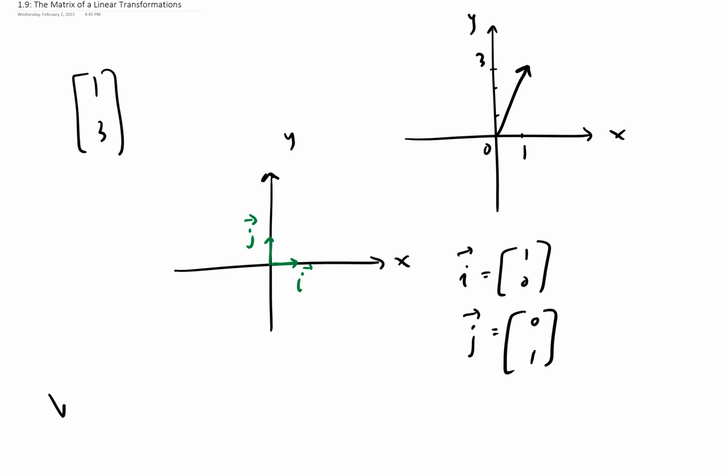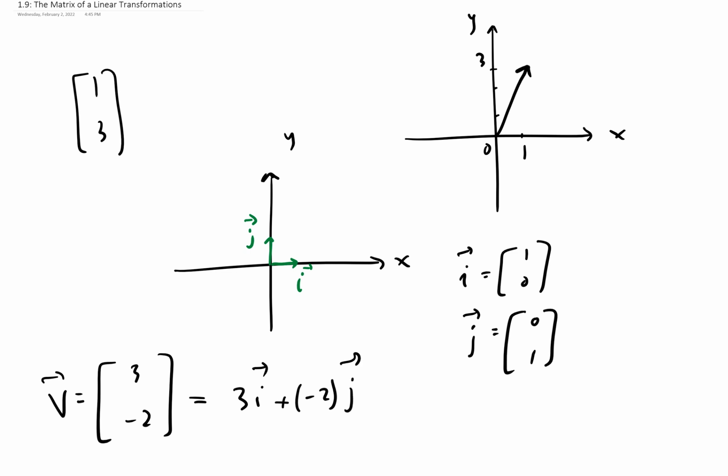Any given vector, say v = (3, -2), you can write in the form 3i plus -2j. We call these scaled vectors. So any vector can be written in terms of the i and j vectors.